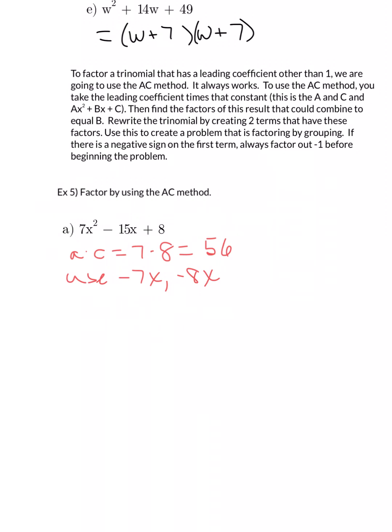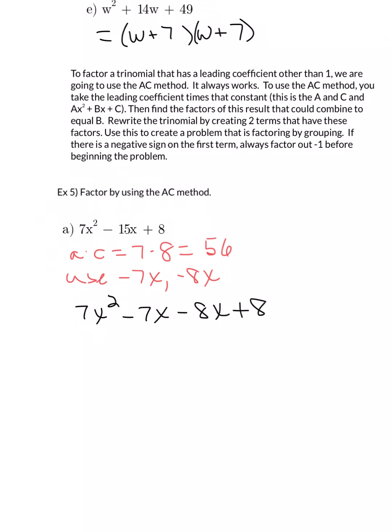The problem now becomes 7x squared minus 7x minus 8x plus 8. This new polynomial is equal to the original trinomial. It just looks different because we switched the negative 15x and split it to become negative 7 and negative 8.